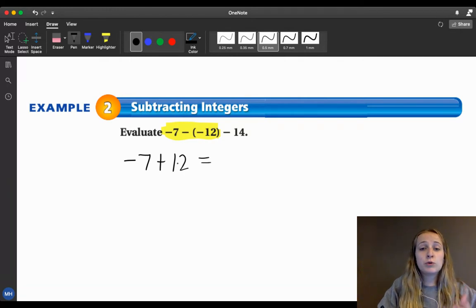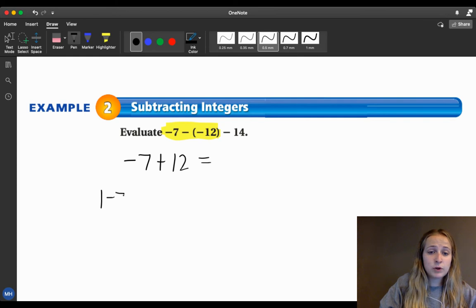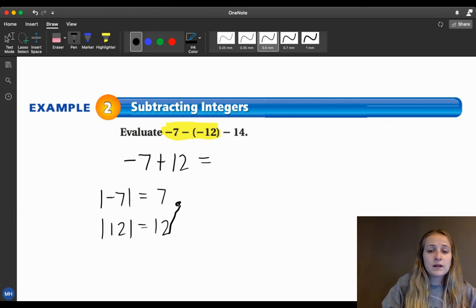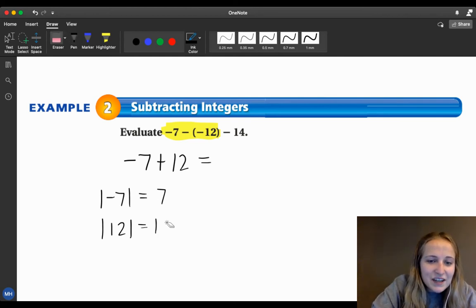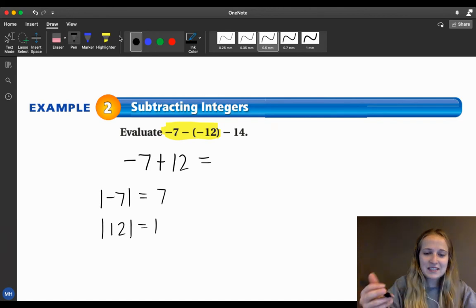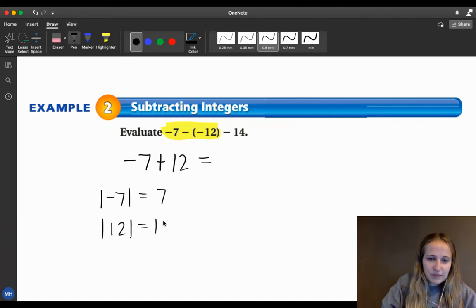If we do our rules for adding integers with different signs, we take the absolute value of both. That will give me 7. Take the absolute value of 12. That gives me 12.